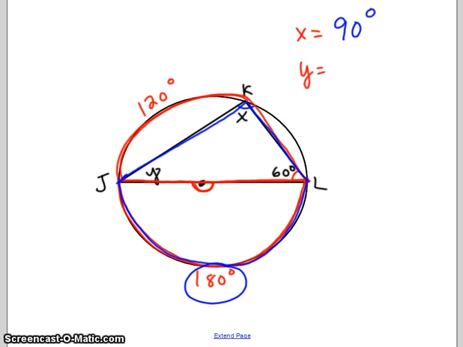So anytime we have an inscribed angle that goes to the diameter, then it is a right angle. So if this is 90 degrees, this is 60 degrees, then y is 30 degrees, just following the 30-60-90 right triangle.